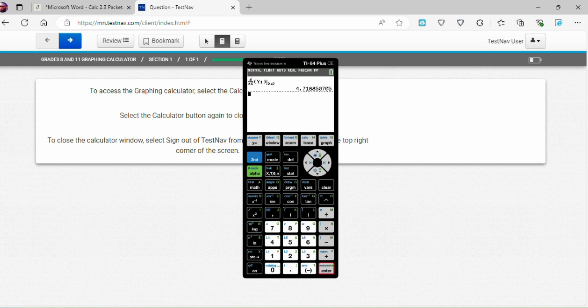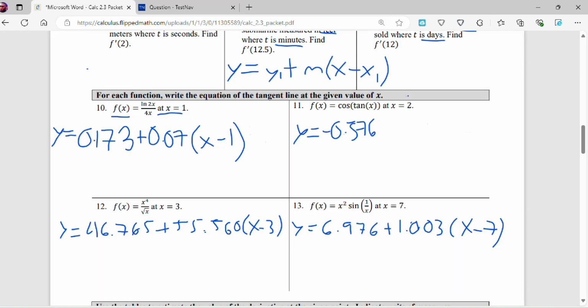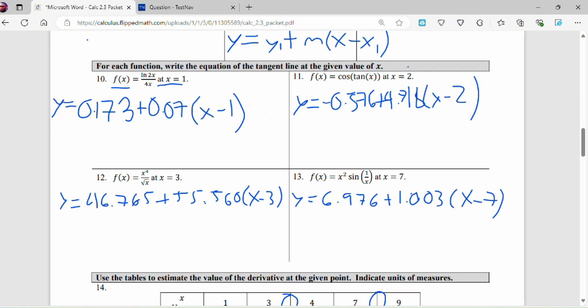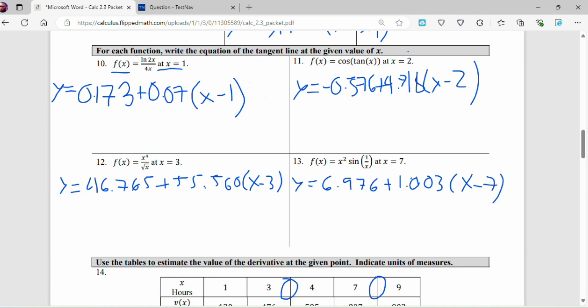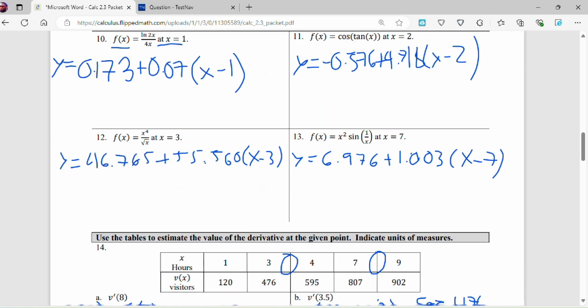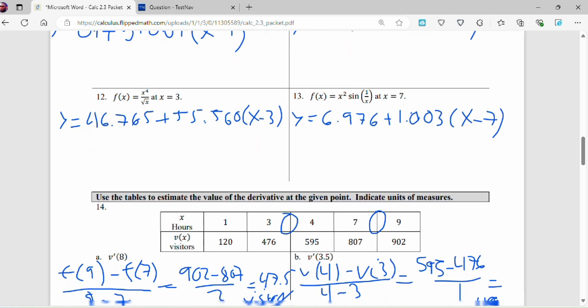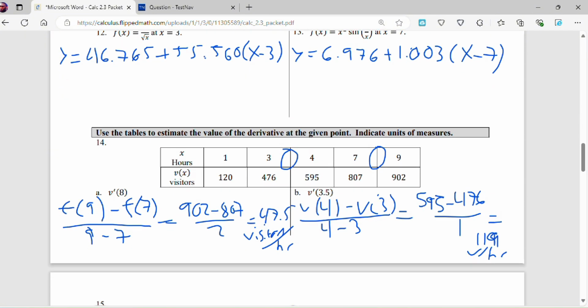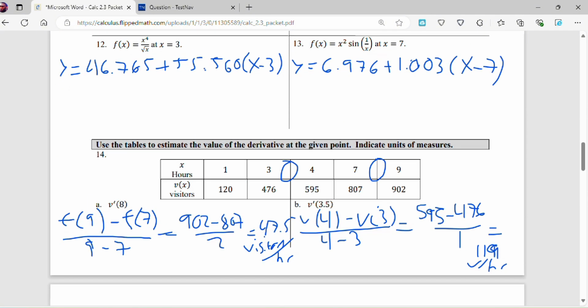And you get 4.718 plus 4.718 times x minus x1, which is 2. And that is how you solve these types of questions. Let me know if that makes sense. If it doesn't, you can reach out to me and I can explain it. And then 12 and 13 operate in the same way.